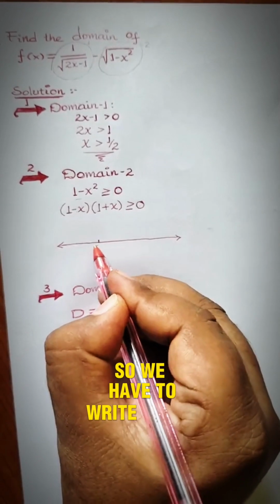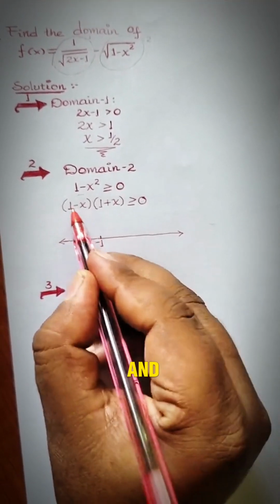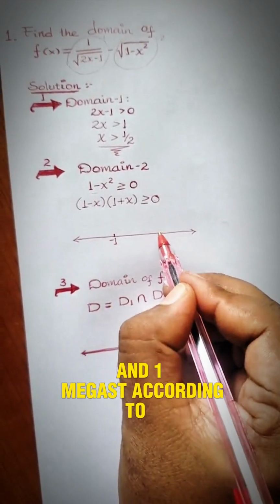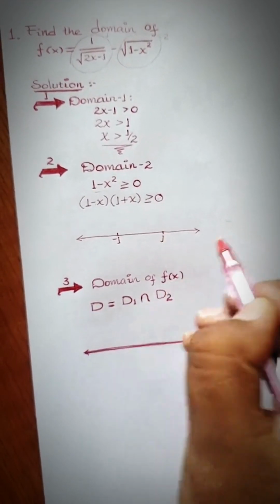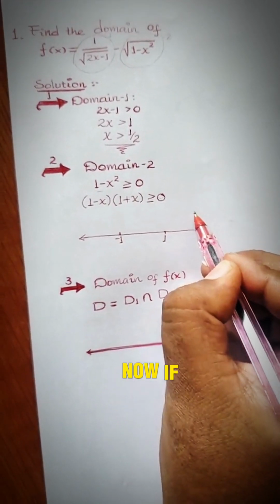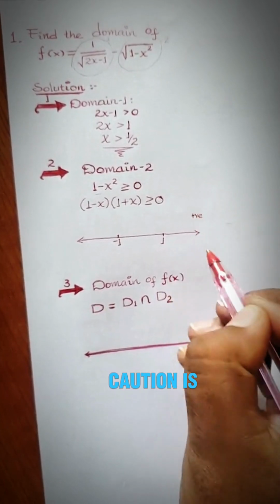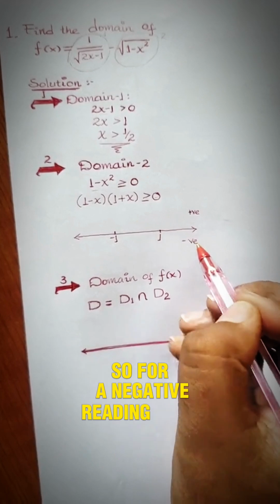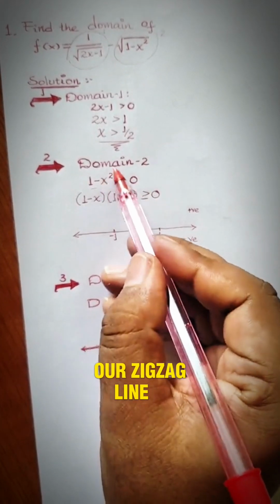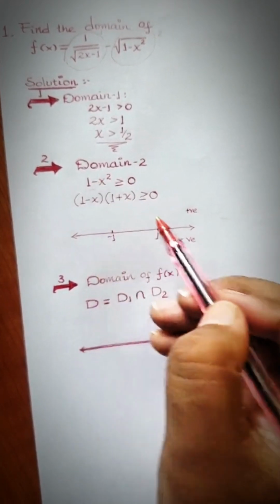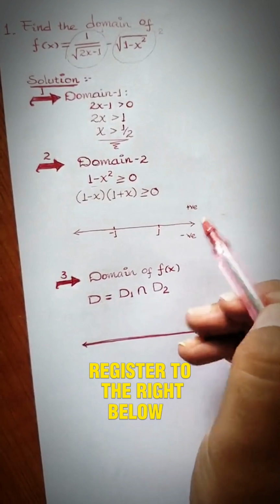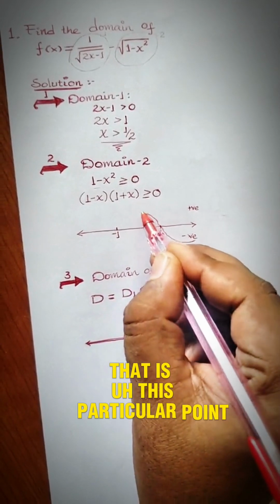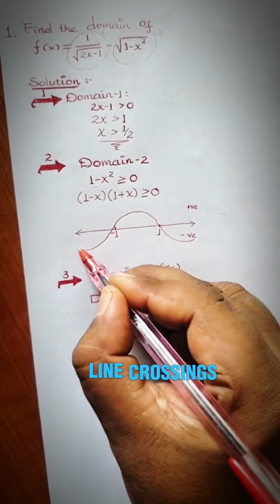So we have to write negative 1 first and 1 next according to the increasing order. Now if you see the leading coefficient is negative, so for a negative leading coefficient, our zigzag line will start just to the right below the straight line, that is this particular point. So we have to draw a zigzag line crossing the 2 points.